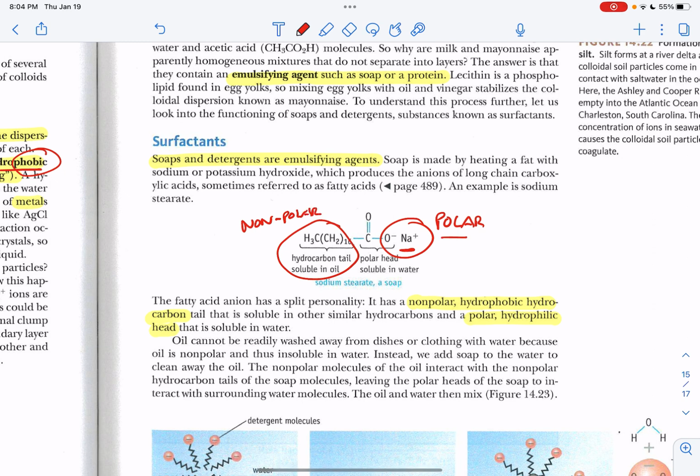So the polar end will dissolve in the water, and the nonpolar end will dissolve in the grass stain, oil stain, grease stain, or whatever it happens to be. And that's basically how you make your soap molecule. A soap molecule is going to be this big, long chain of carbons, and you can see how many carbons in a row repeat themselves. And then you've got the polar end.